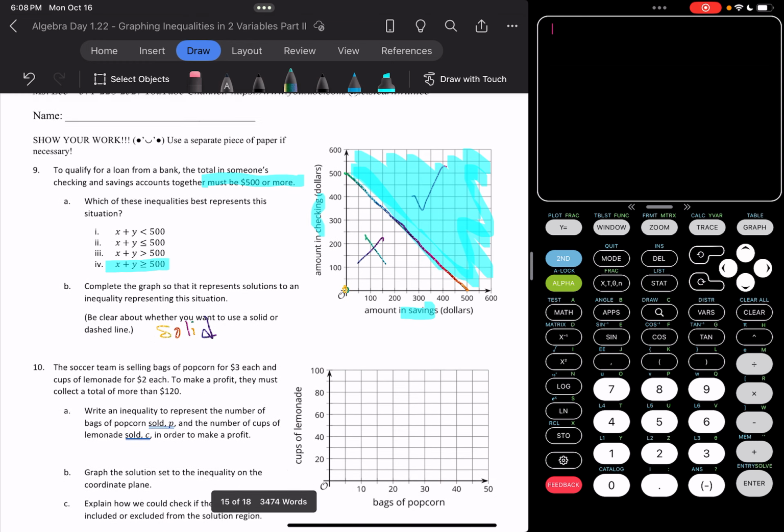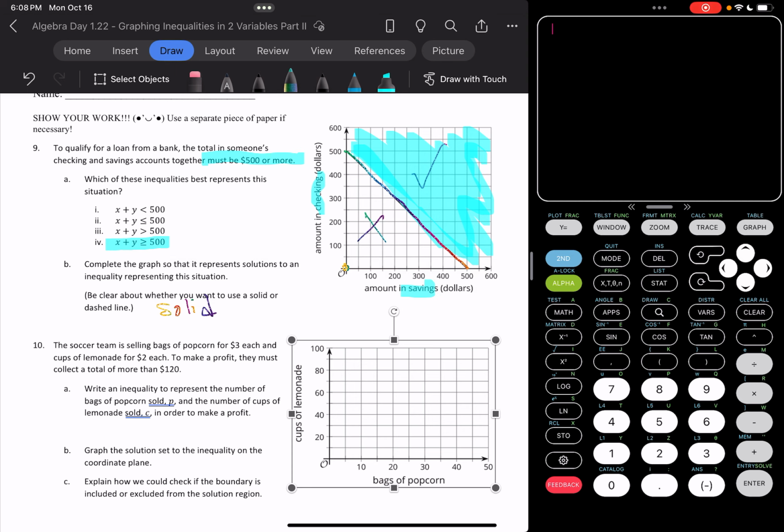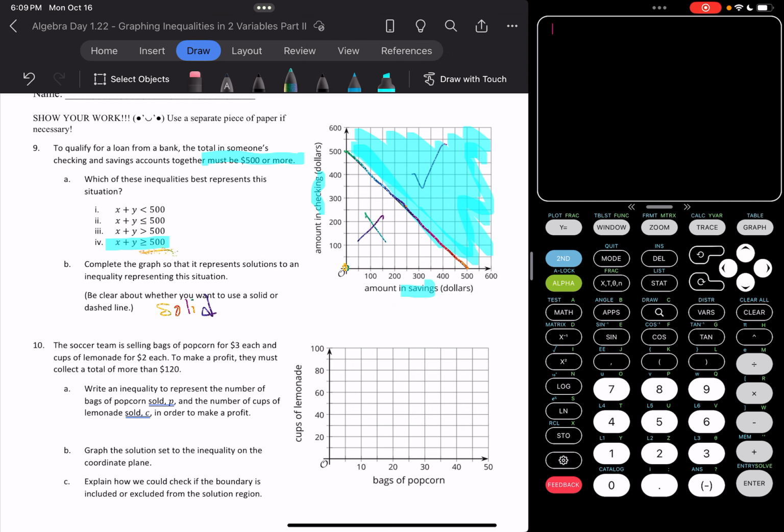That means that any point on this line would equal exactly 500, and anything above this line is going to be greater than 500. Naturally, anything down here is going to be less than 500. If you wanted to choose a different point, let's say you chose 100, 100. 100 plus 100 is 200, which is less than 500, so that again demonstrates that that is not a solution.